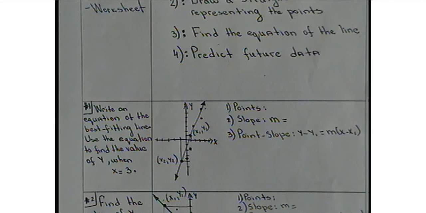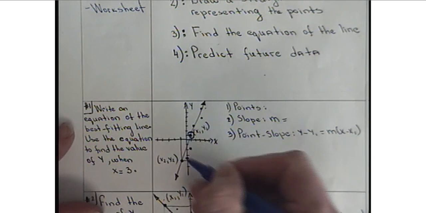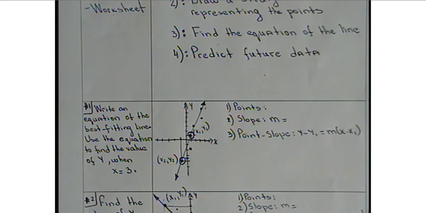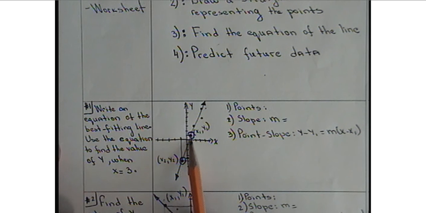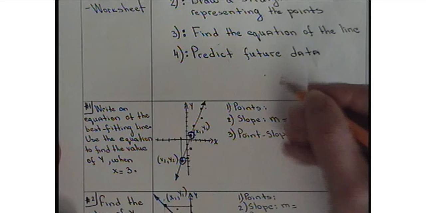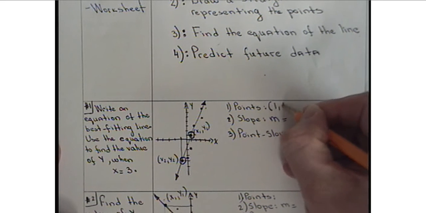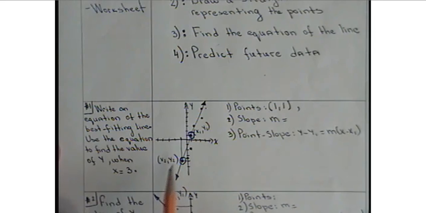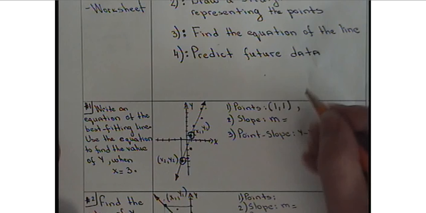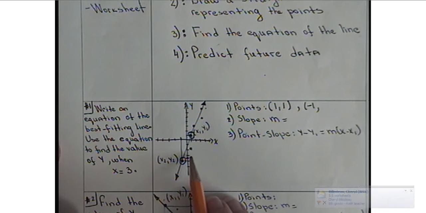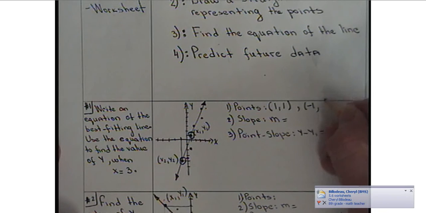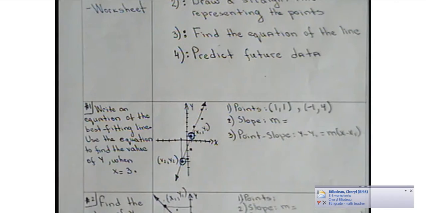The 2 points that are going through my best fit line are this one and this one. The coordinates of these points are, for the first one, positive 1 for x and positive 1 for y, so it will be (1, 1). In the second point I have negative 1 for x and 1, 2, 3, 4, positive 4 for y.